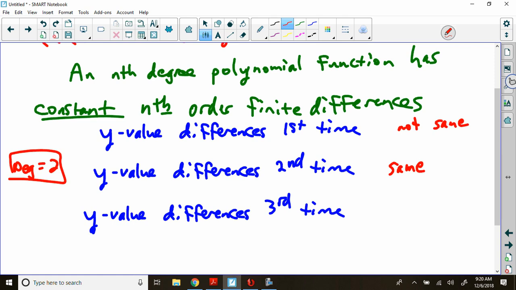But basically, you're going to subtract the y values. If you get different differences the first time, the polynomial is not linear. If you subtract the y values again, and you get different differences, then it's not quadratic. If you have to do it a third time and they're not the same, then you go a fourth time, and eventually they're going to be the same differences.